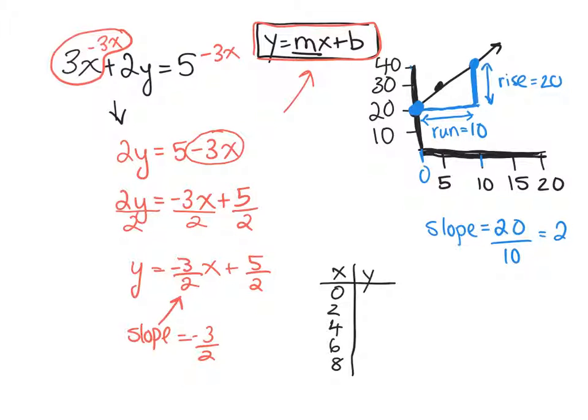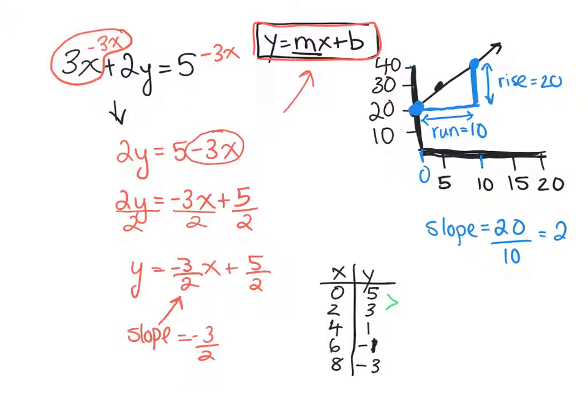And let's say our y's are... actually, let's do 5, 3, 1, -1, -3.